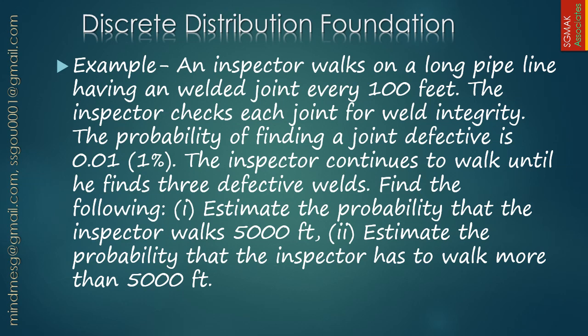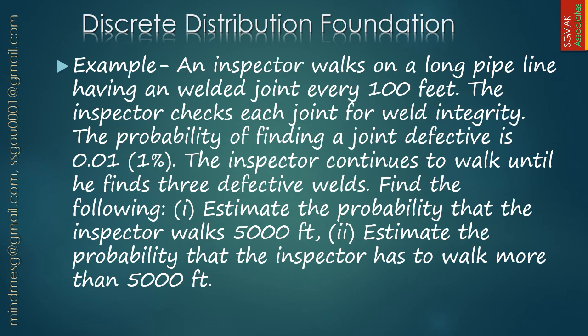So the inspector goes to a joint and checks for weld integrity. And the welding process used was such that it generated 1% defective. So on average, 1 out of every 100 joints is defective, meaning the weld is not good. The inspector continues to work until he finds 3 defective welds.